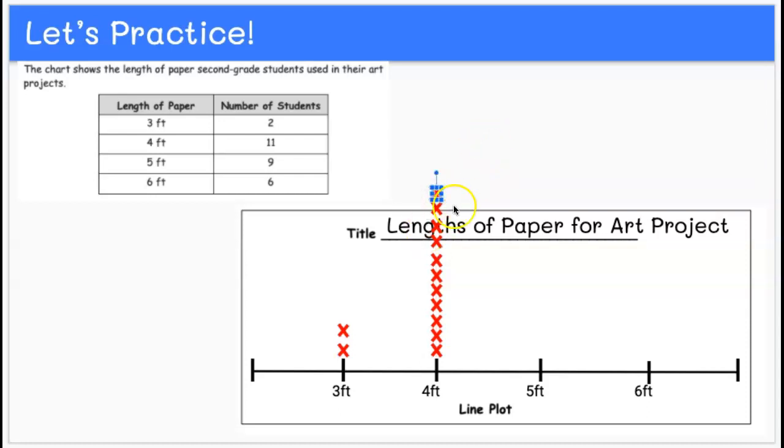So there we are. I have 11 X's because 11 students used 4-foot paper.